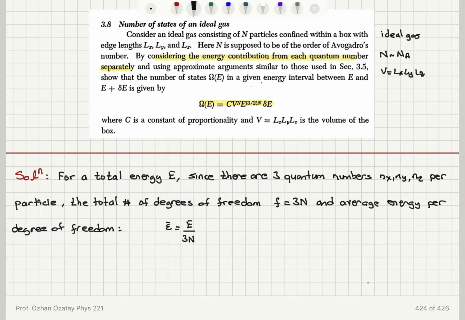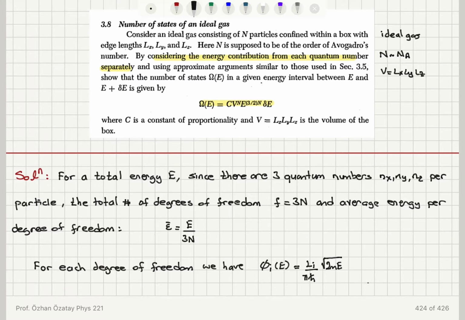And we also know that for each degree of freedom, we have a certain number of accessible states with energies less than epsilon. As we have found in the previous problem also, the number of accessible states with energies less than epsilon is equal to Li divided by pi h bar times the square root of 2m epsilon.